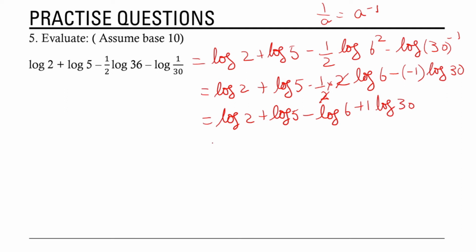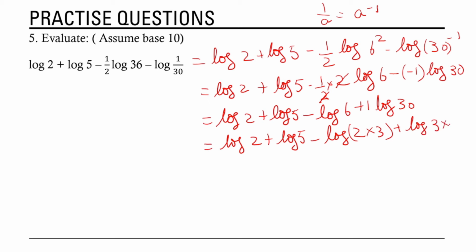This is equal to log 2 plus log 5 minus, I am writing log 6 as log of 2 into 3, plus I am writing log 30 as 3 into 10, that is 3 into 2 into 5.